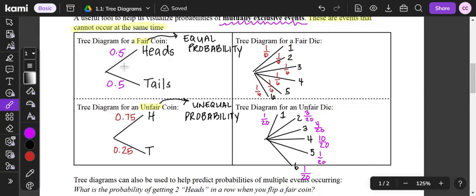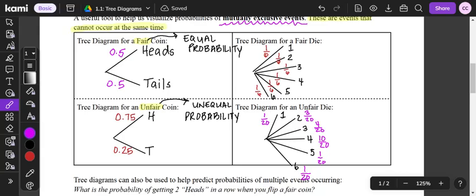And if you double check all of these real quick, you'll see that they all do that. For a fair coin, 0.5 plus 0.5, that's 1, 100%. For an unfair coin, 0.75 plus 0.25, that's 1, 100%. Same thing for our fair die. If I have 6 of these 1/6, well, 6/6 is 1. That's 100%.